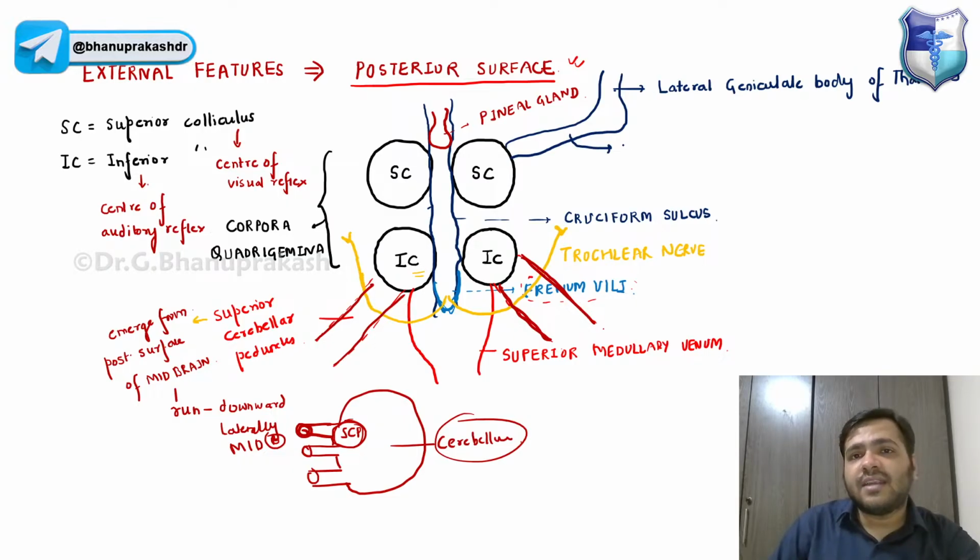These are parts of the thalamus. The superior colliculus is connected to the lateral geniculate body by a projection, and that connection is called the superior brachium. It's just an arm-like projection, so that's why it is called the superior brachium.